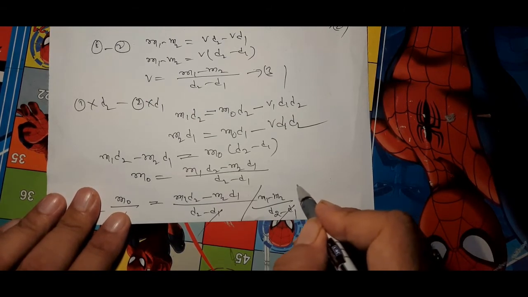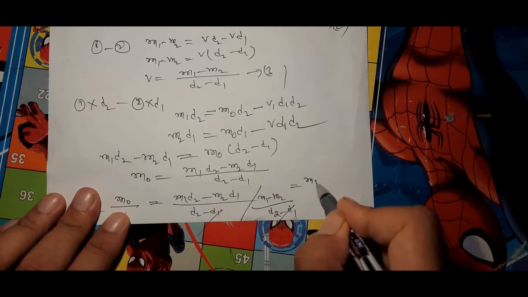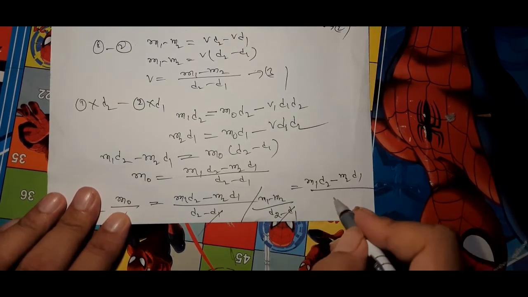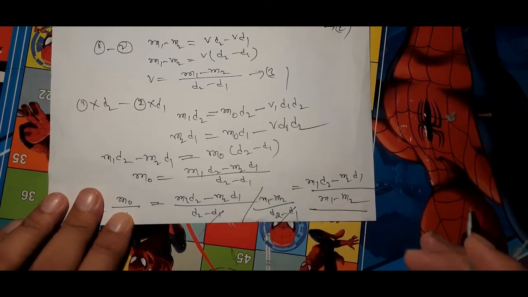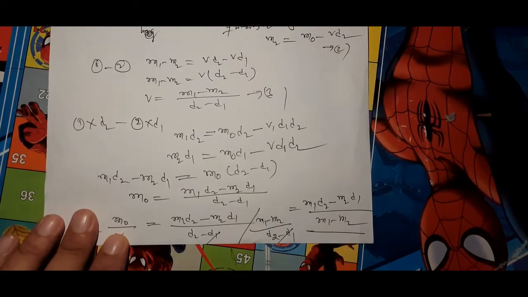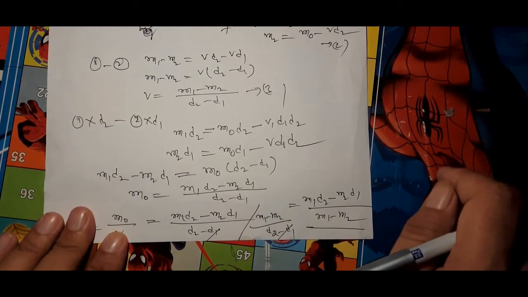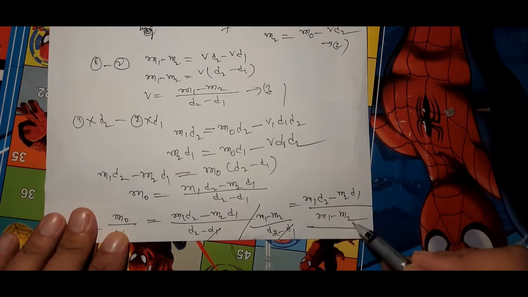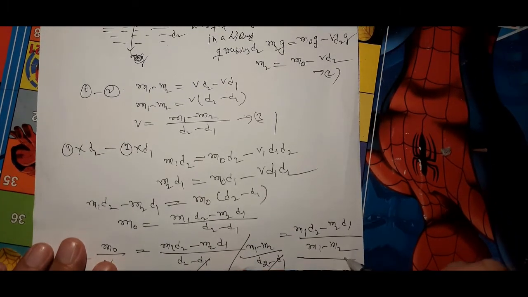So finally we get m1 d2 minus m2 d1 divided by m1 minus m2. This is the correct answer, the density of the object.